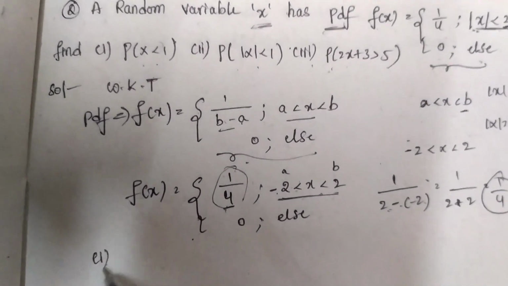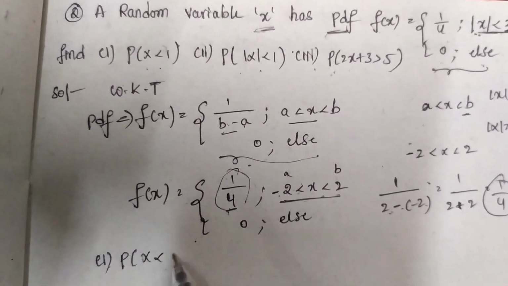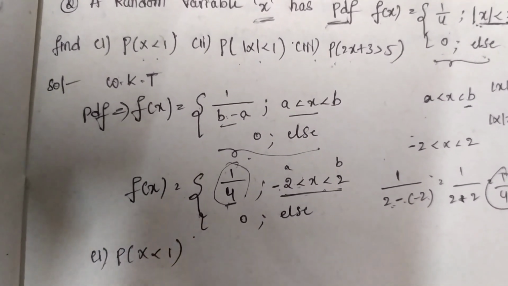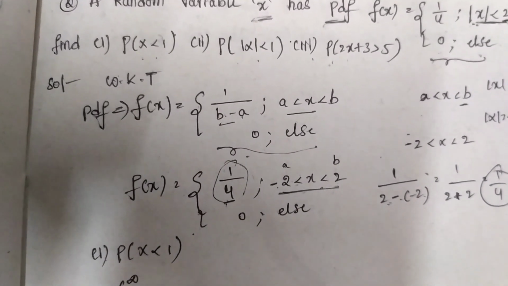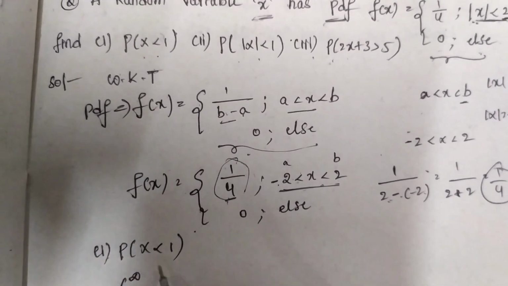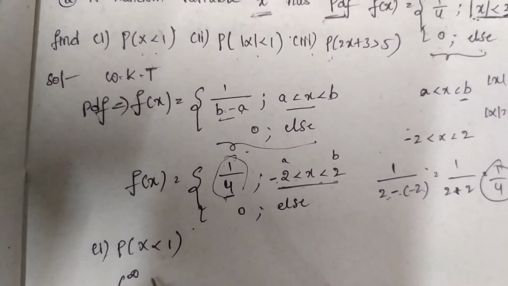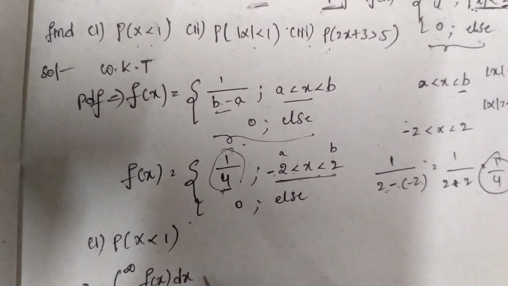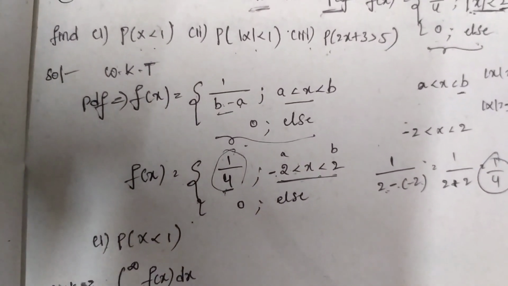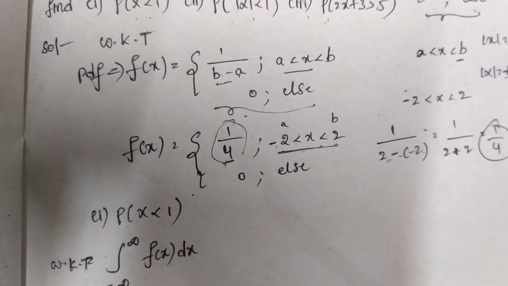First one is P of x less than 1. That is the integration from minus infinity to infinity of f of x dx. We know that is the key point for the probability density function.